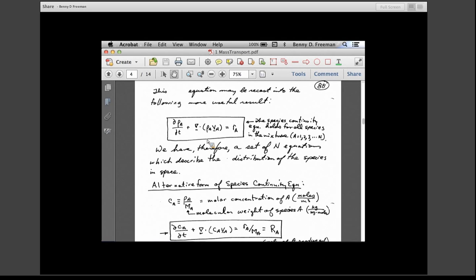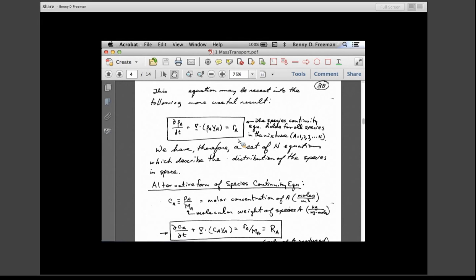It says that at any point in space, the change in the concentration of that species with respect to time, plus any amount of material that flows into or from that point from any coordinate direction, that is the divergence of the flux, the sum of those two has to equal the net rate of production of component A by chemical reaction.